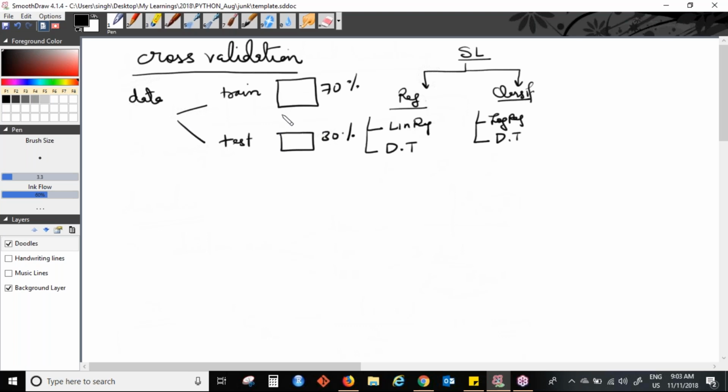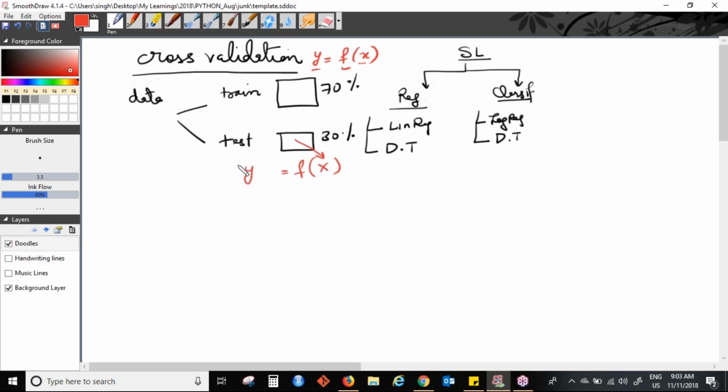Okay. So this is what we do. We first build a model on our training data. So y is known to us in our training data, x is known to us in our training data. What is not known is the function f. So since these are known, we try to find the function f here. And then once we have the function f, we run that function on the new set of x, which comes from the test data.